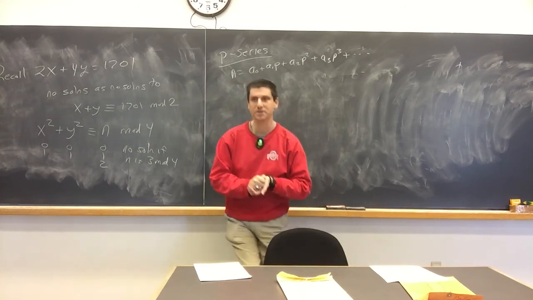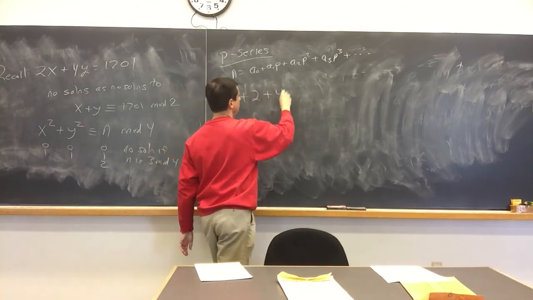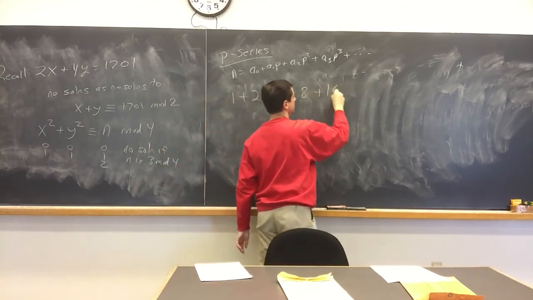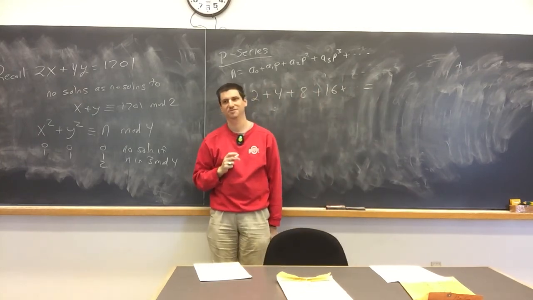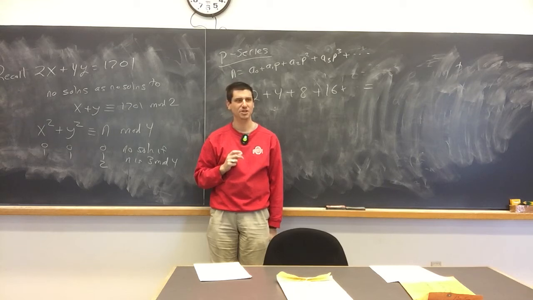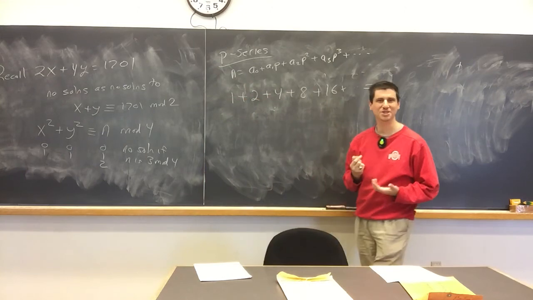You've actually seen something like this. What's 1 plus 2 plus 4 plus 8 plus 16? What does this equal? Pretend you're in an econ class or a physics class. What would this equal?